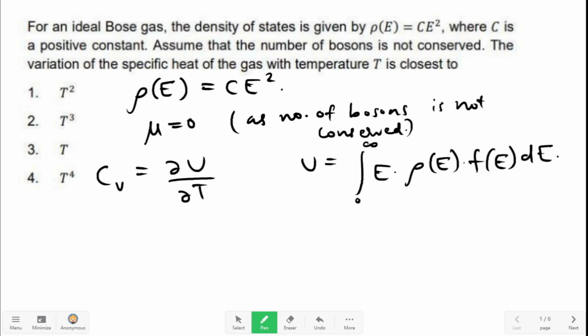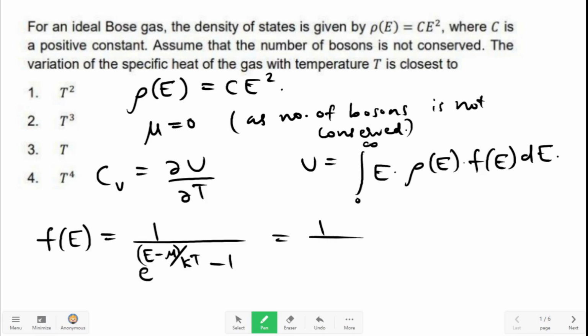Here the distribution function for an ideal Bose gas is the Bose-Einstein distribution function, which is 1 divided by e raised to (E minus mu) divided by kT, minus 1. Mu is equal to 0, so f of E becomes 1 by e raised to E by kT, minus 1.